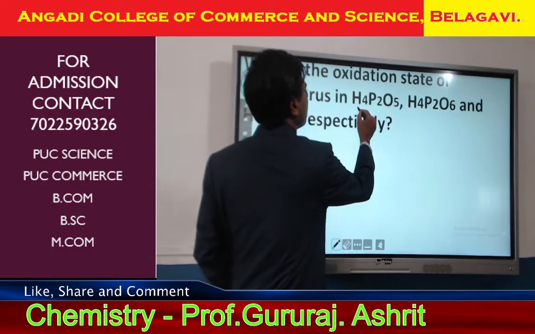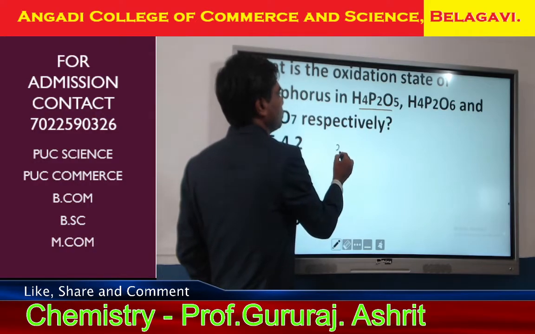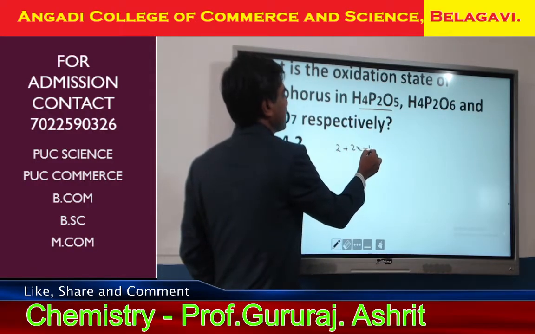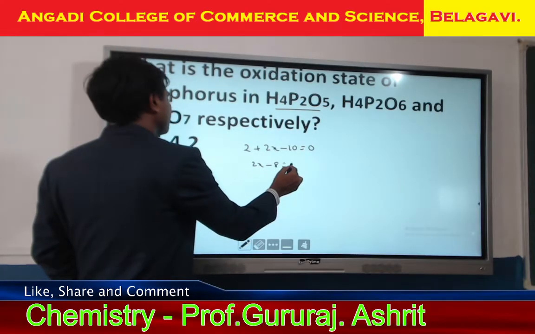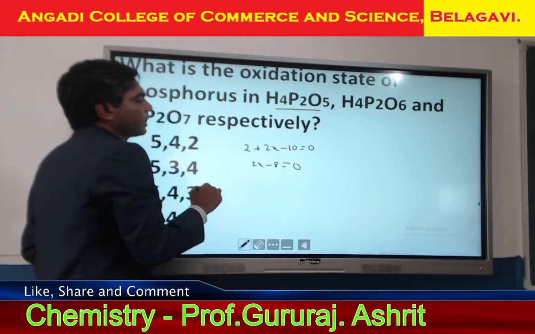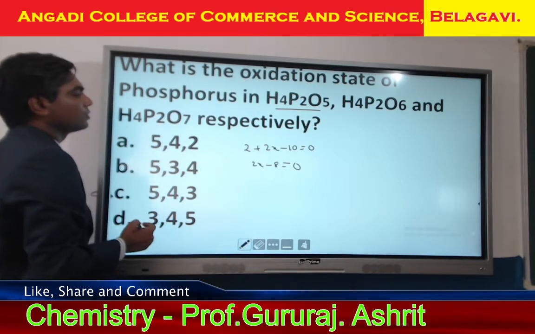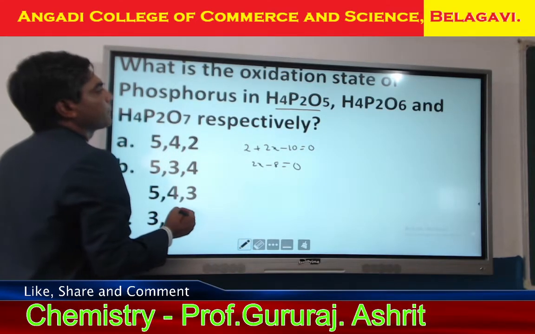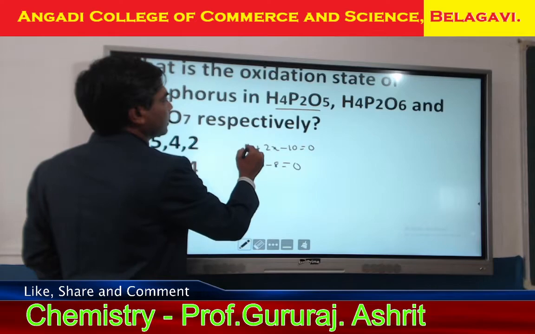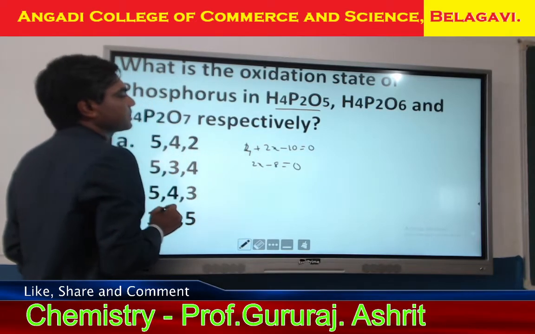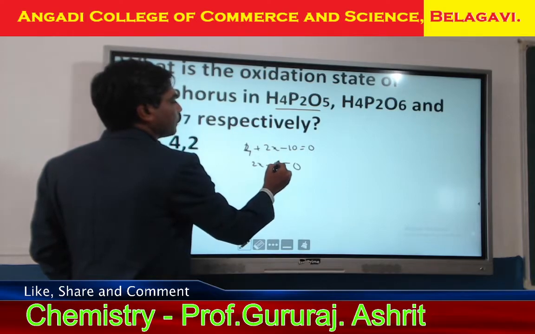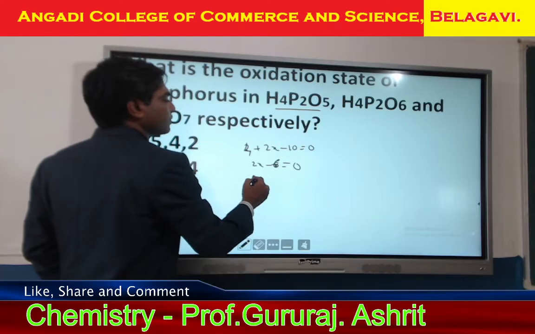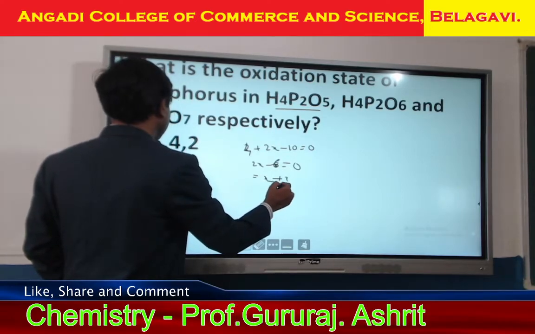H4P2O5: 4 plus 2x minus 10 is equal to 0. 2x minus 6 is equal to 0. Therefore, x is equal to plus 3.